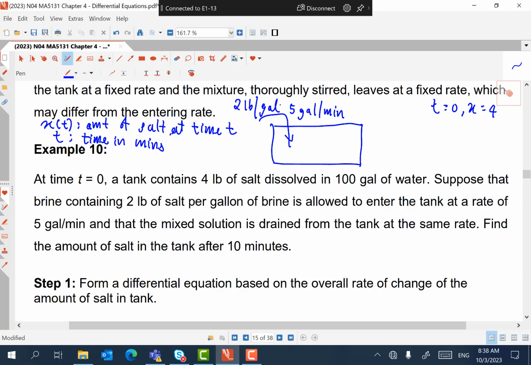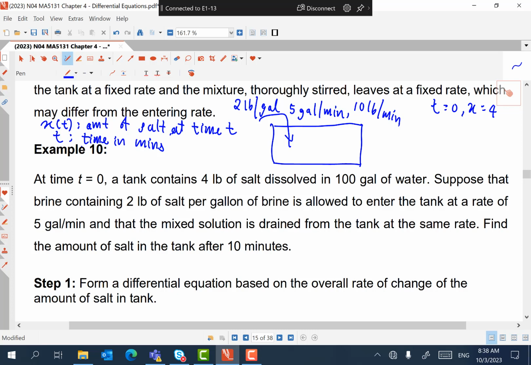Which means per minute, you are adding 10 pounds of salt. Agree with me? Because every gallon carries 2 pounds and you're adding 5 gallons, so in 1 minute you are pumping in 10 pounds of salt.